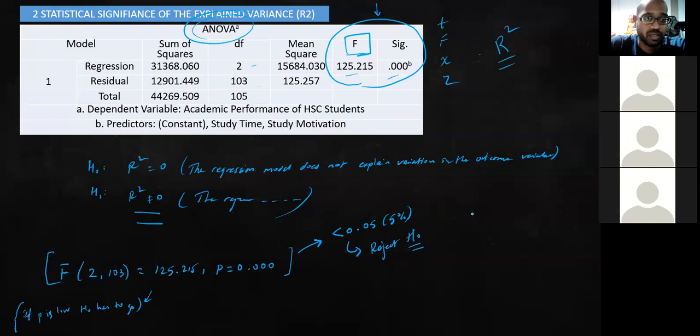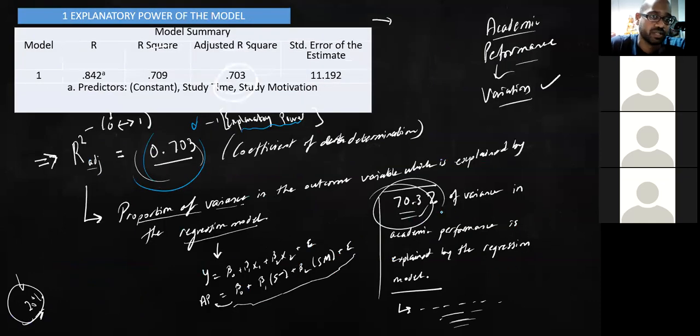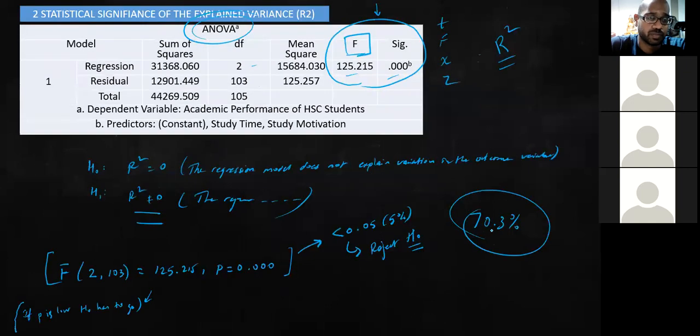Okay, what we're saying is that this 70.3% of variance, which we find here, 70.3% of variance explained in academic performance by the regression model, is not really likely to be due to sampling error. So we can be very confident, at least greater than 95% confident, that this result is likely to be true.